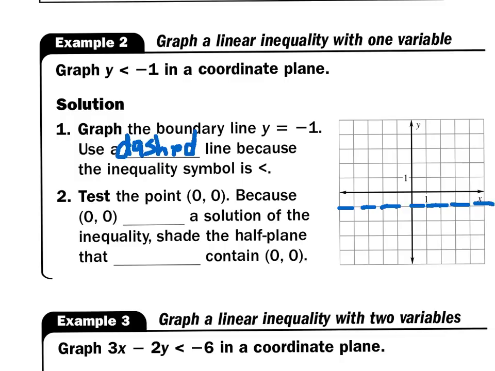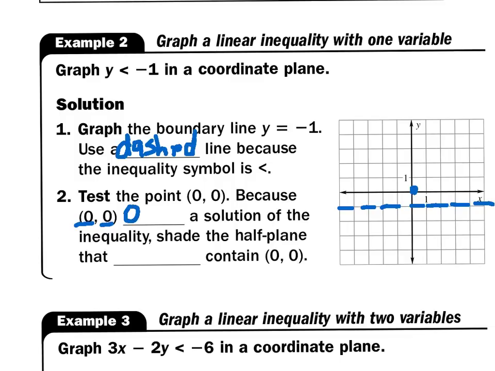Now I'm going to use a test point 0, 0 to decide which side to color on. We're going to use this point because it's just a nice convenient point to put in. So I'm going to stick in 0 when I see an x and 0 when I see a y in my inequality.